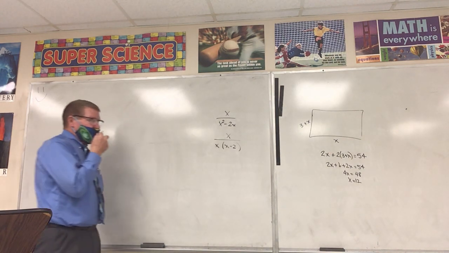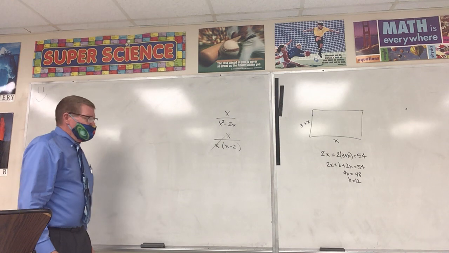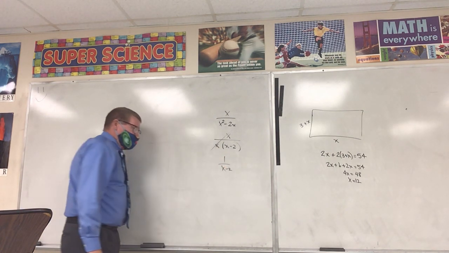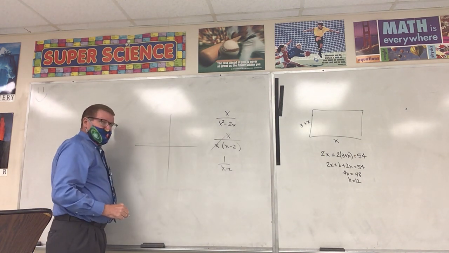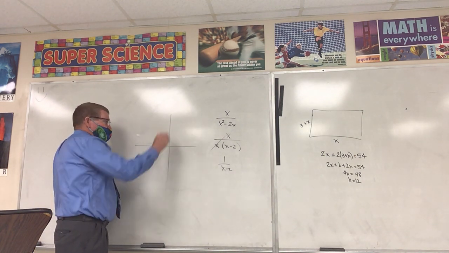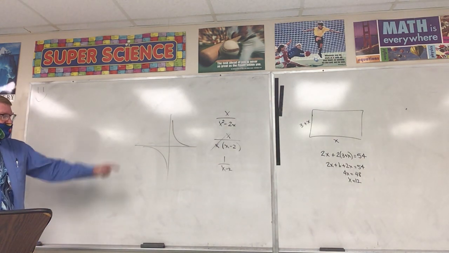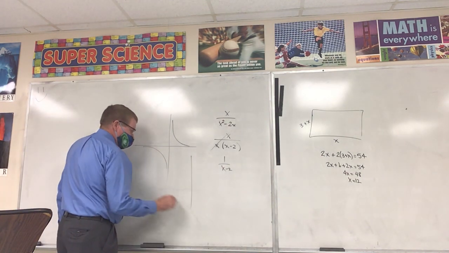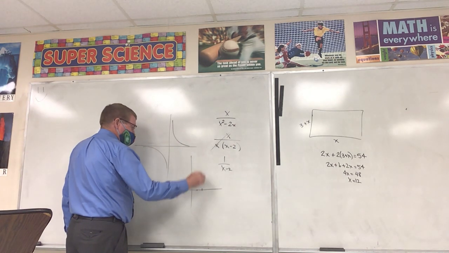Now take the x's away. Now it looks like the reciprocal function, 1 over x minus 2. What has happened to the reciprocal function? It moves to the right 2.